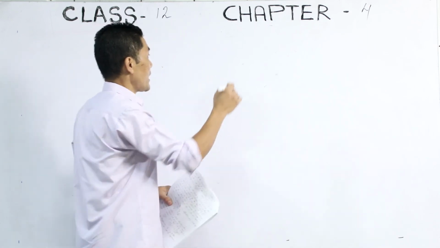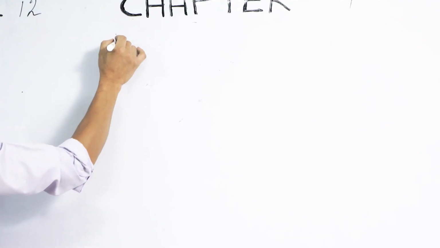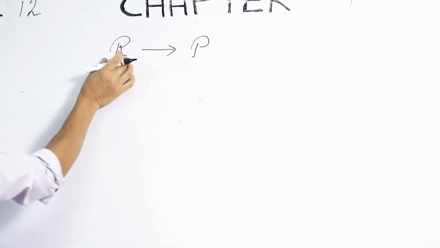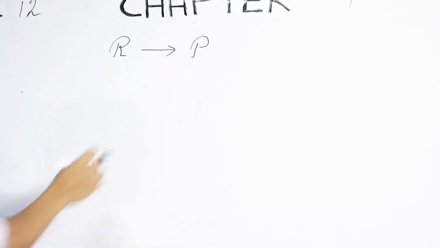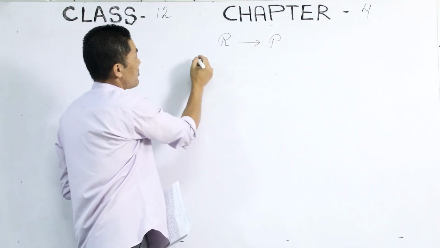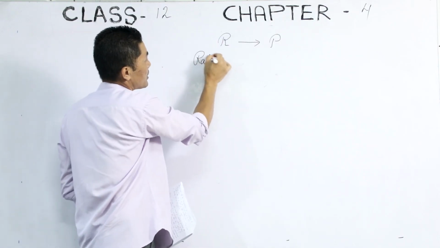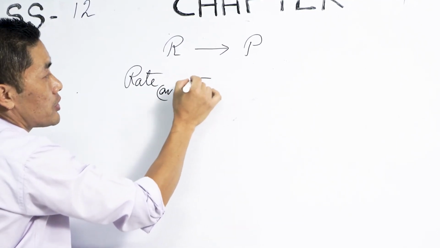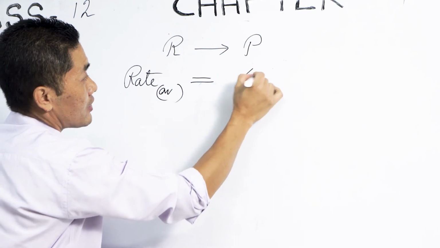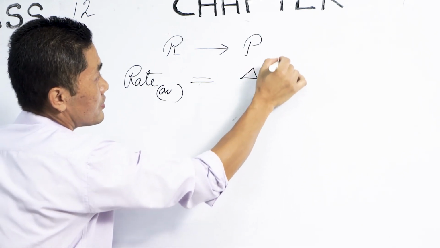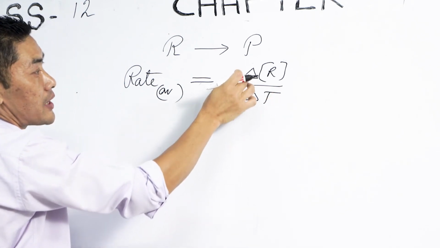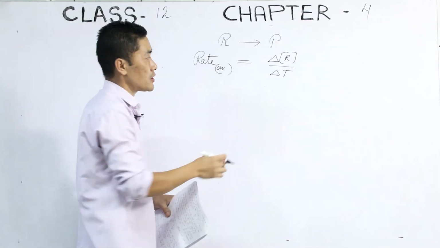So once again, let me write a reaction in which R, the reactant, turns into product P. The average rate can be represented like this. Average rate of the reaction will be equal to the change in concentration of the reactant by change in time. Remember, this sign tilde indicates change.